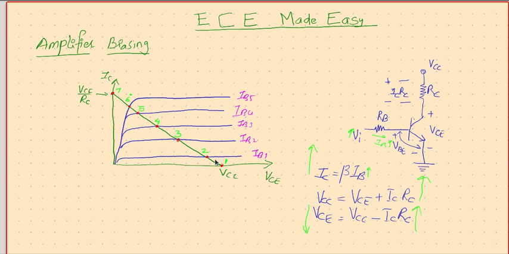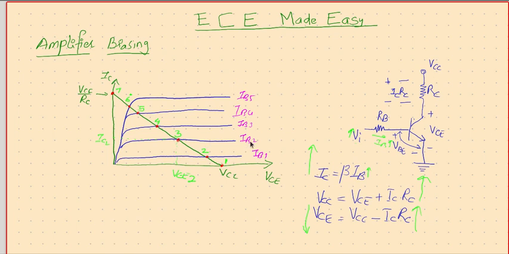What actually we are trying to say is, if base current is somehow made to be equal to IB2, then the values of VCE, this is for 2, VCE2, this will be IC2.